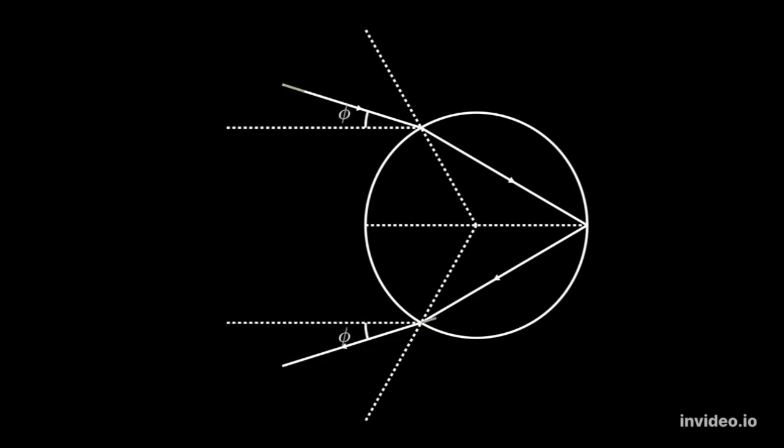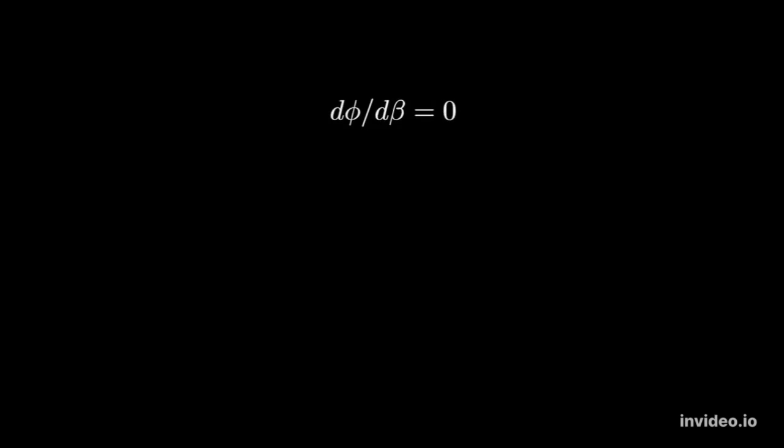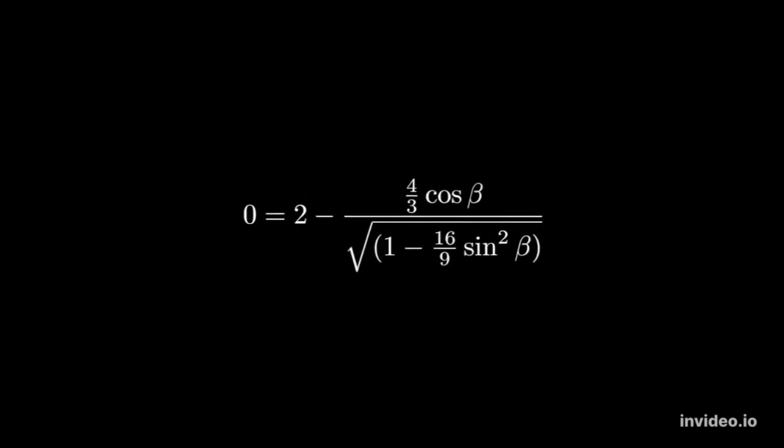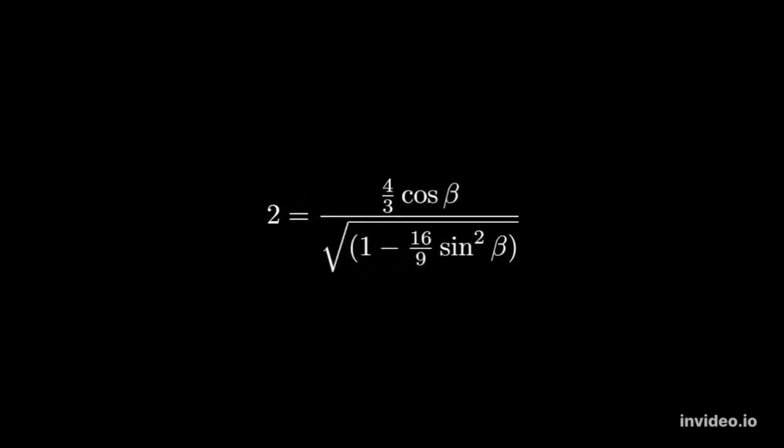That means that a relatively large change in beta around this point corresponds to a relatively small change in phi. This means that many different values of beta can all get focused into about 2 times the angle, and the reason that angle is doubled is because that light gets refracted twice. What's going in and what's going out.